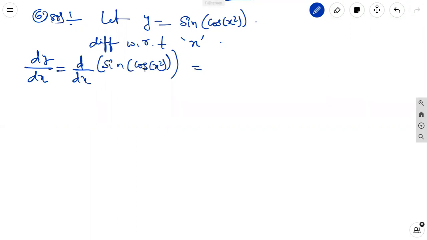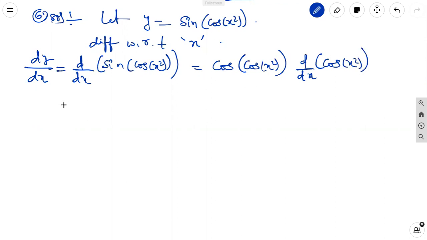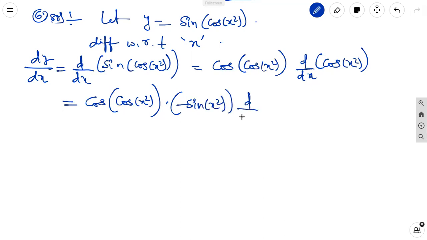Differentiation of sin u is cos u, that is cos of u is cos of x square. Again u derivative, that is d by dx of cos of x square. So it is equal to cos of x square is the sin derivative. Then derivative of cos of x square means derivative of cos u is minus sin u, u is the x square, again derivative of x square.